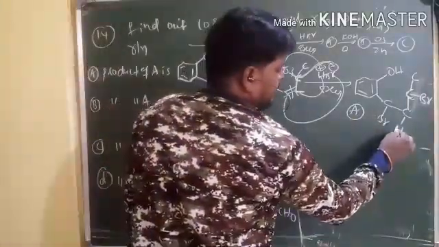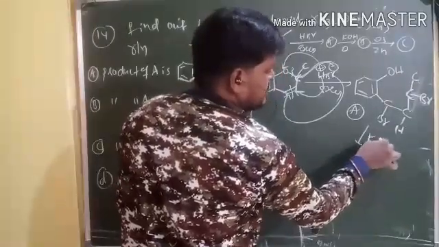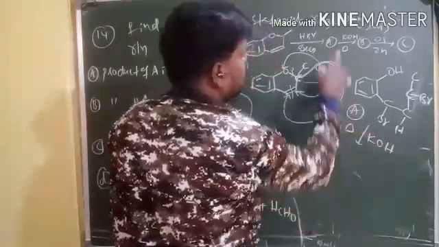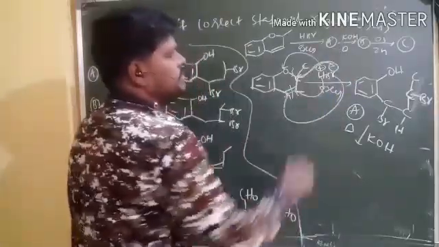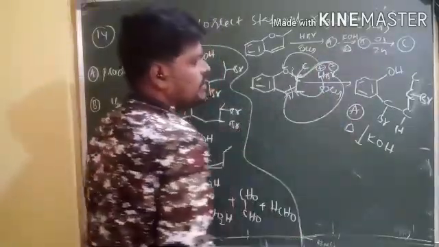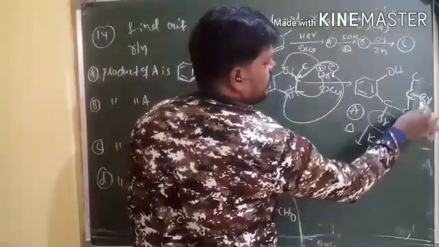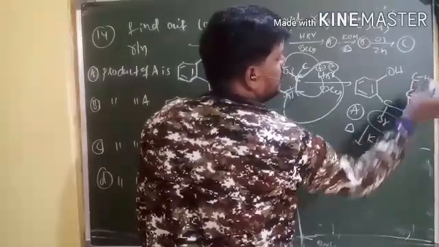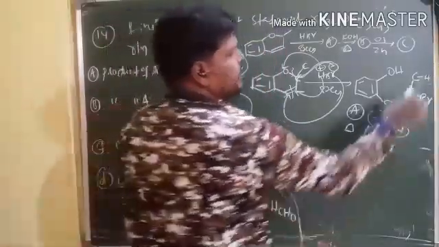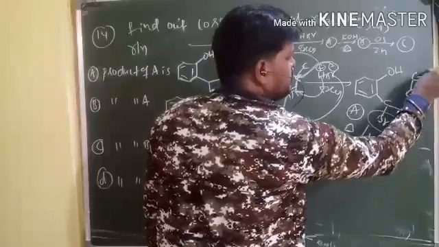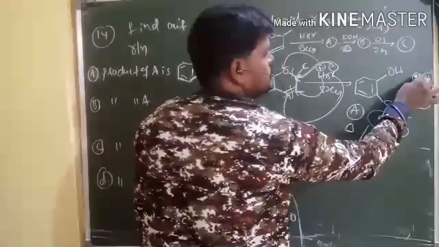And heated with KOH, yeah, this is the delta symbol, sir. Heated with KOH. In this HBr, I want to use one hydrogen here. Again HBr is eliminated. So what happens, sir?